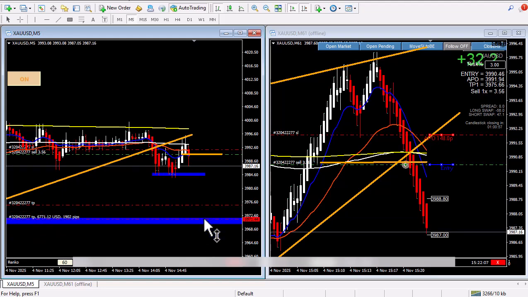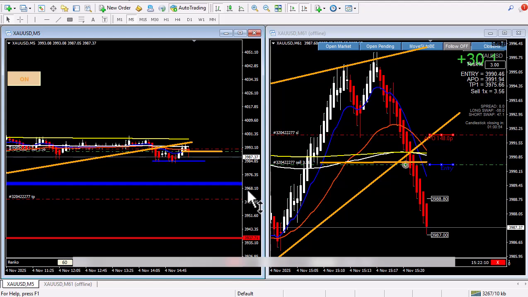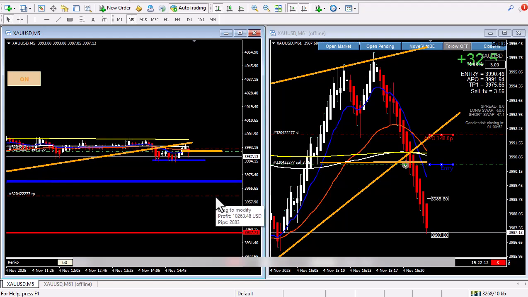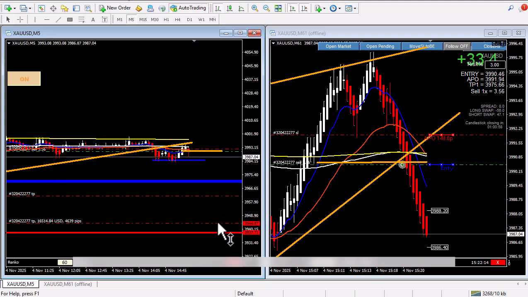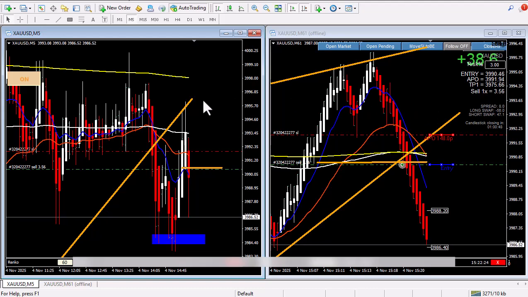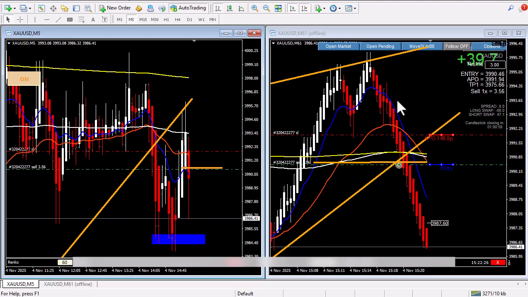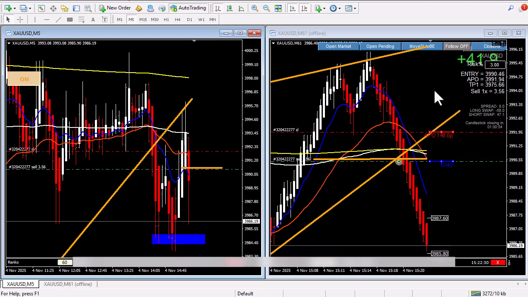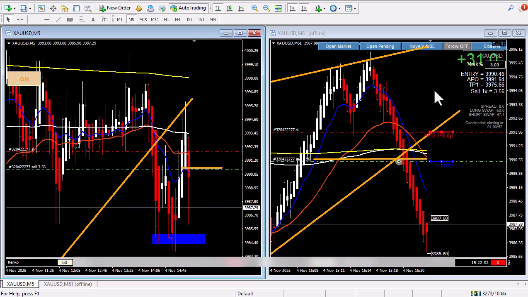This is our 10 times target, but for this I will just go for 1:30 because my stop loss is too low, almost 15 pips of stop loss. You can go for more. This is now running with 3 times in profit.